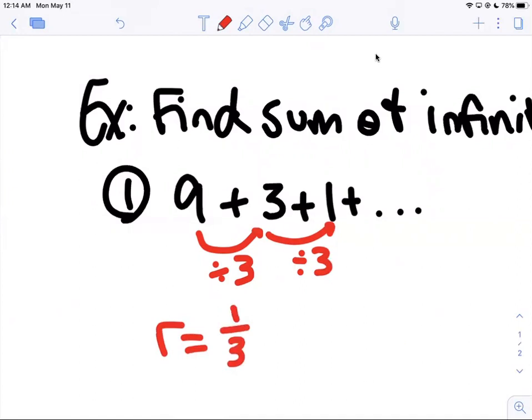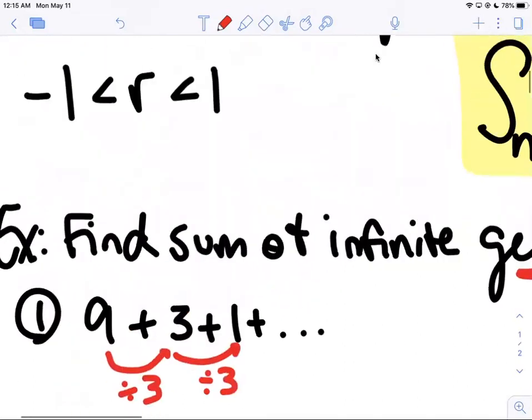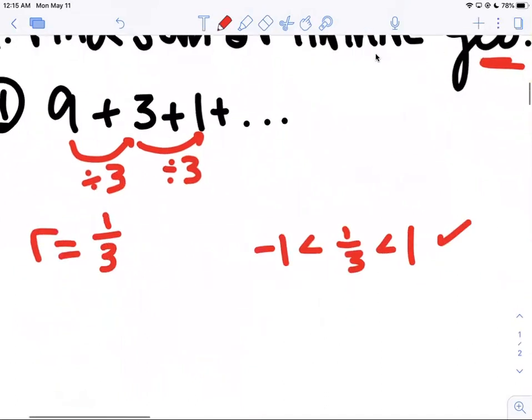That shows me the same thing. Remember this thing up here, between -1 and +1? This r that we're using, 1/3, is in between -1 and +1. So that's good. And this is what we call converge.